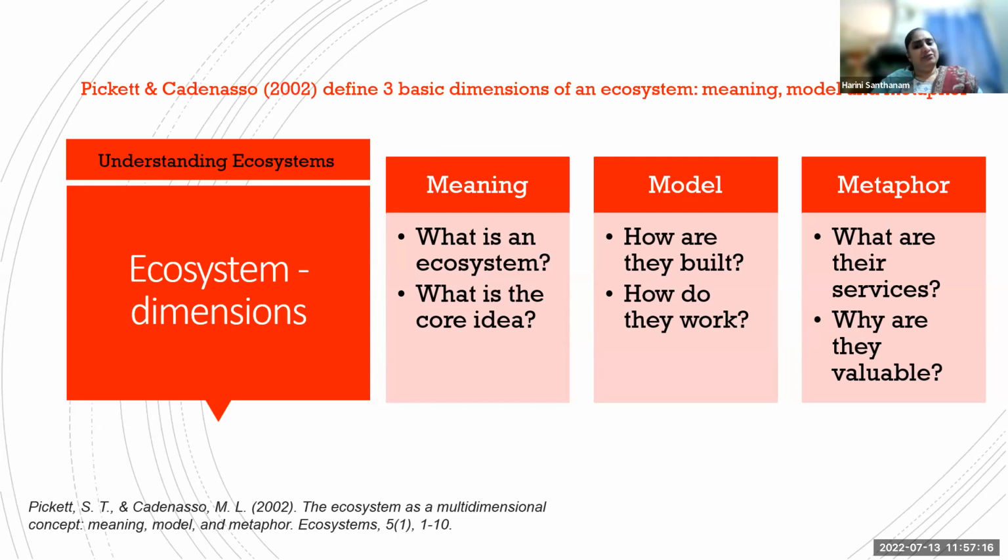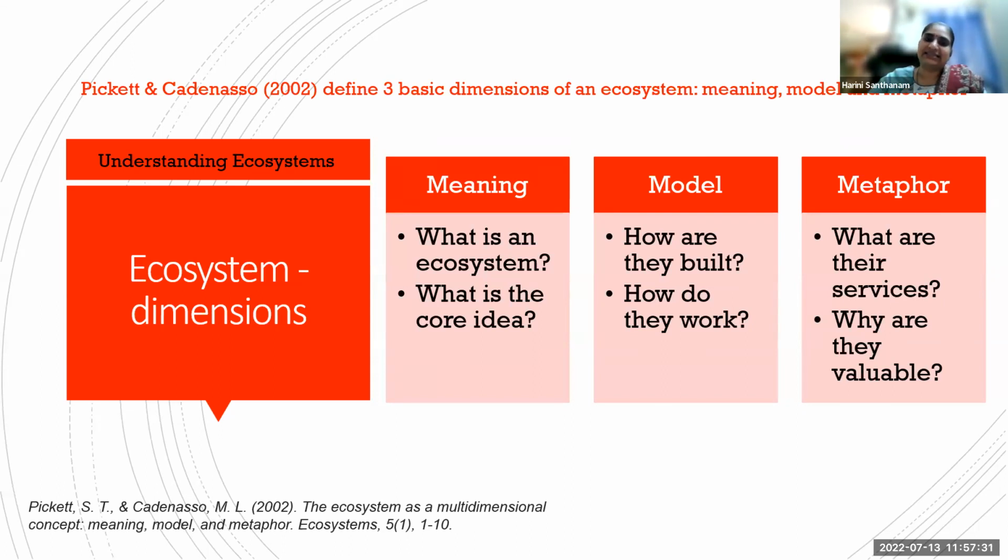Then we also have looked at how they are built and how do they work. So each ecosystem here, we should say, are different. So the first, when you see the meaning, it seems like a subtle and a simple concept.